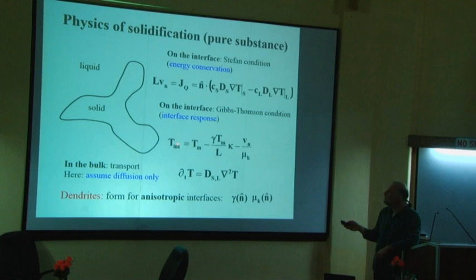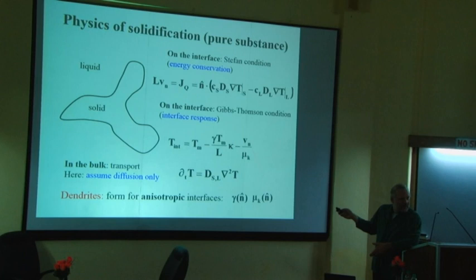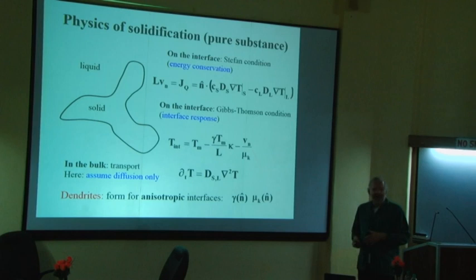Next, with this boundary condition, you solve the diffusion equation. Once you have the solution of the diffusion equation, from this you can calculate the heat current that comes to the interface, and then you get a new value of the interface velocity, and then you move the interface forward and you start over. Okay? So this would be the traditional way of solving this type of problem.